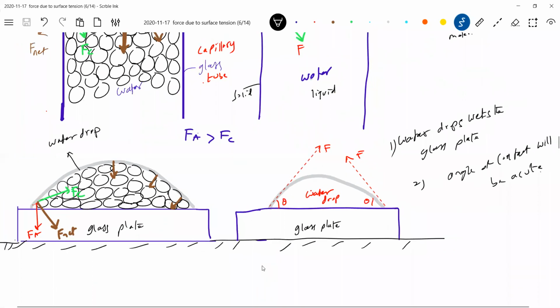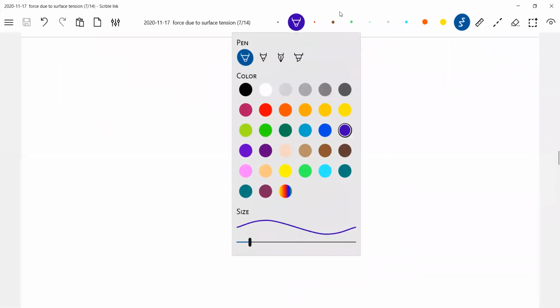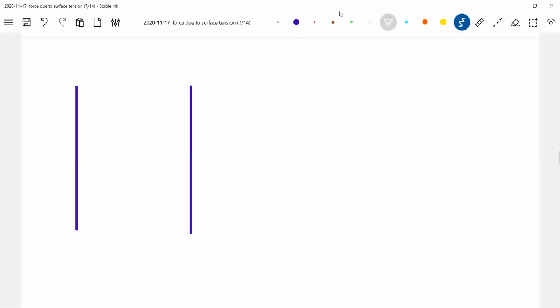Now if I place mercury in a capillary tube, the shape will be, so this will be some rough shape I'm showing.